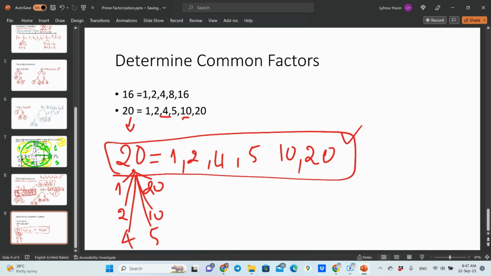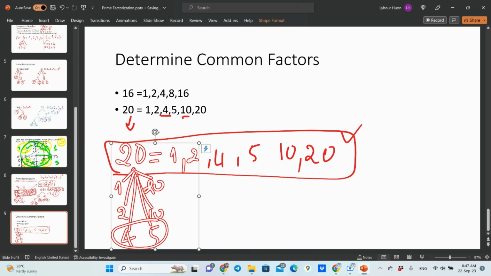If you do this, it's faster and maybe you don't miss any number. But if you miss one pair, then you miss two numbers. For example, if you miss one pair 4 and 5, then you miss these two numbers.